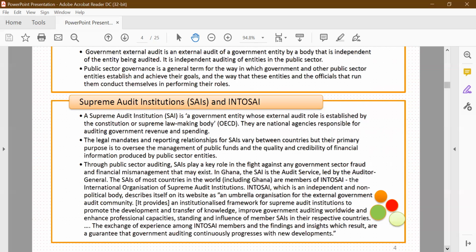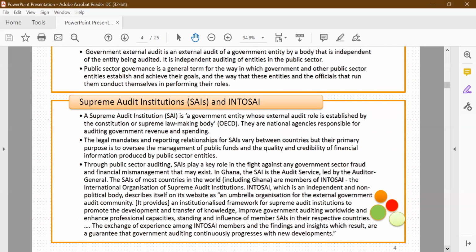A Supreme Audit Institution. What's a Supreme Audit Institution? That's an interesting fancy name, right? A Supreme Audit Institution is basically a government entity whose external audit role is established by the Constitution or a supreme law-making body, what we call an SAI.